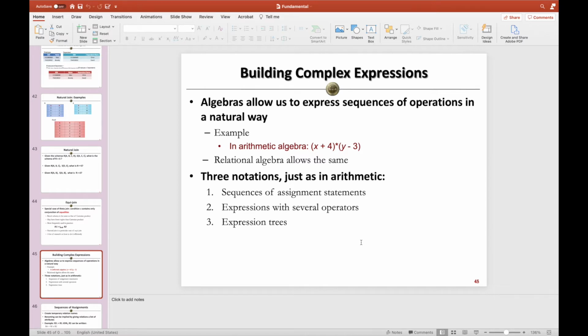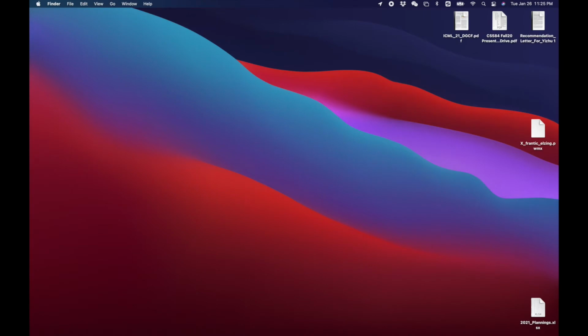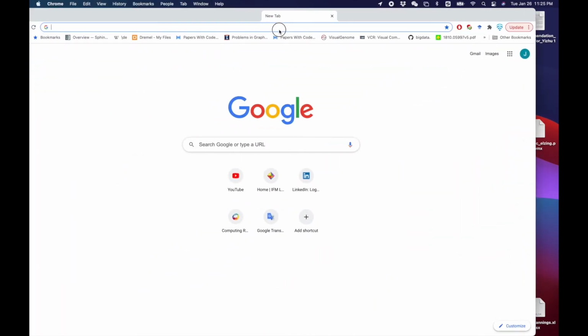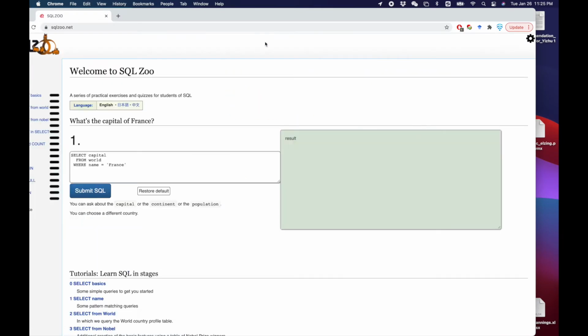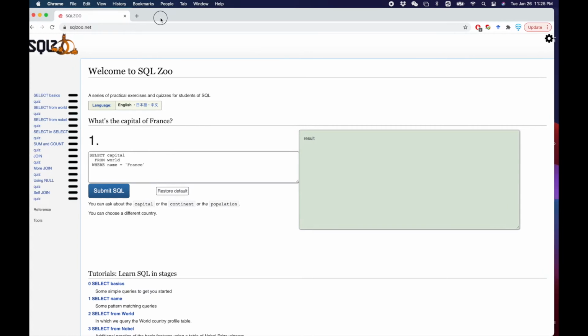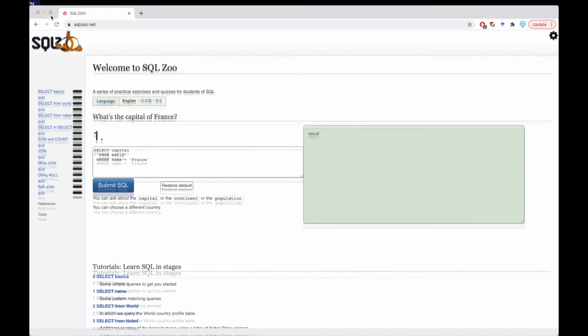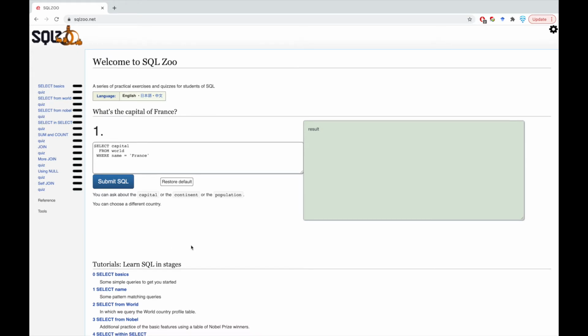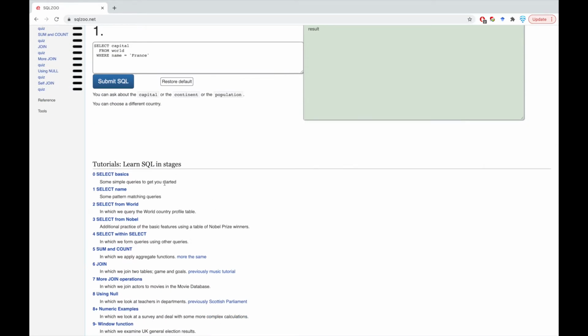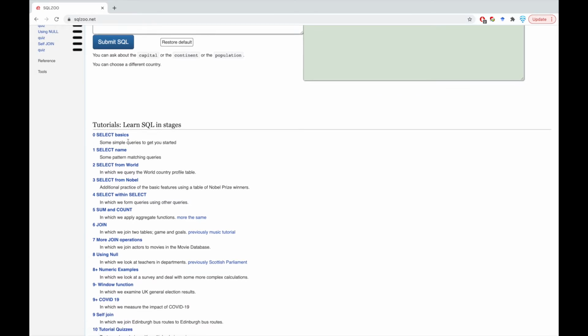Besides the lectures, the slides as well as textbooks, I also want to recommend a site for you. It's called SQL Zone. Let me show the site for you. If you go to this site, they provide lots of tutorials for you to practice SQL by yourself. Here in this page, they show different parts about tutorials. You can click this link and go to the specific tutorial pages.